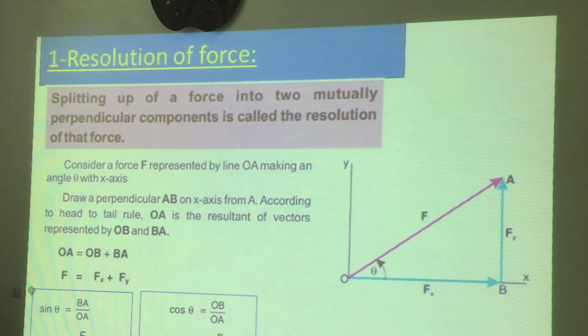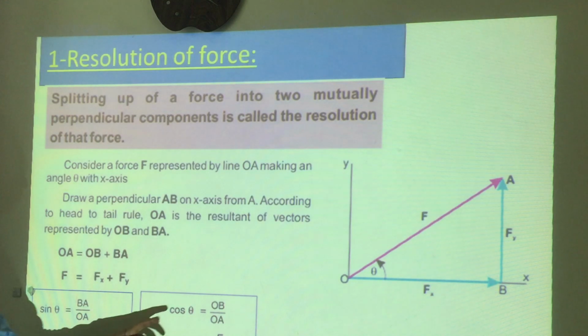So F sine theta is equal to Fy. We are left with Fy. I will just invert this equation like that. Then Fy is on this side and F sine theta on this one. So the Fy component of the force F is equal to F sine theta.